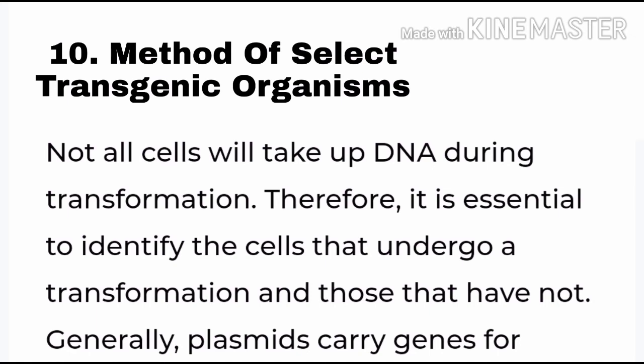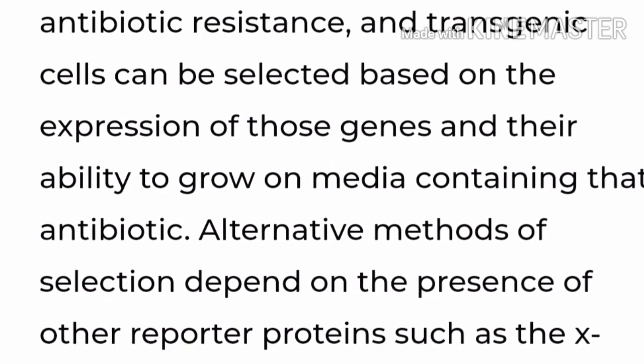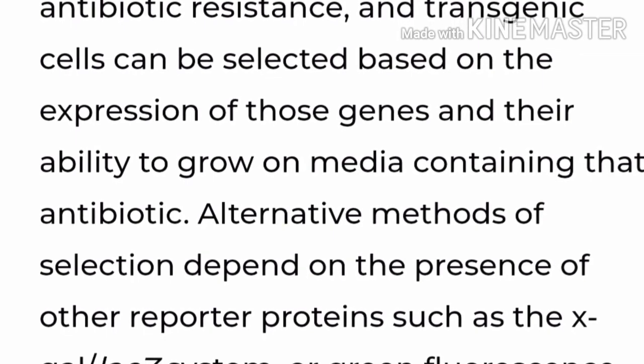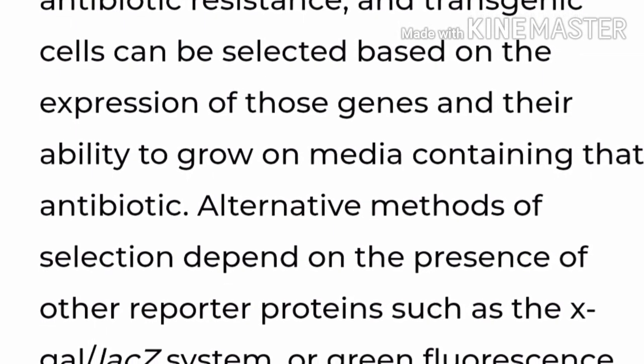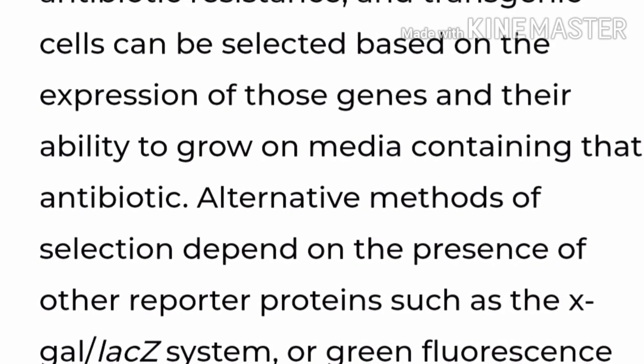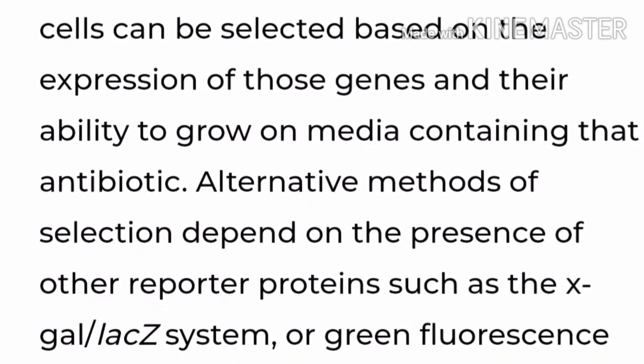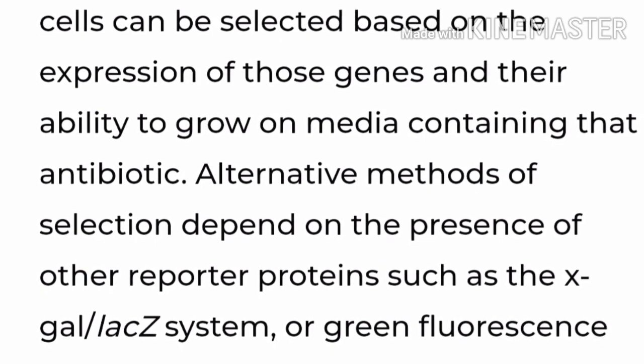Generally, plasmids carry genes for antibiotic resistance and transgenic cells can be selected based on the expression of those genes and their ability to grow on media containing that antibiotic.